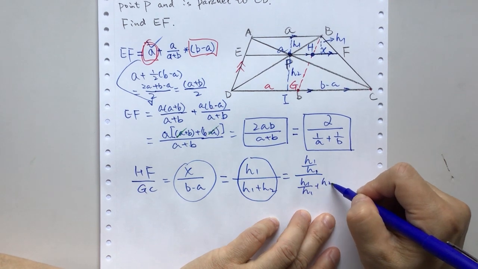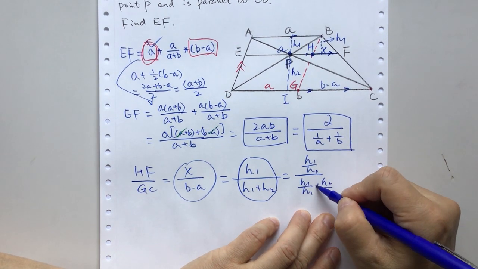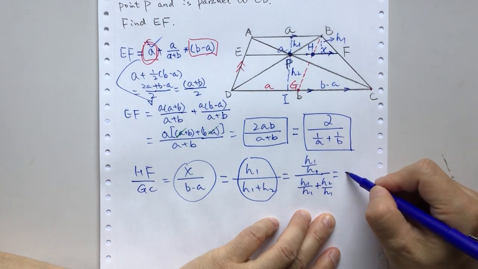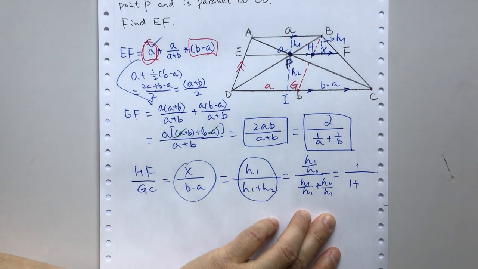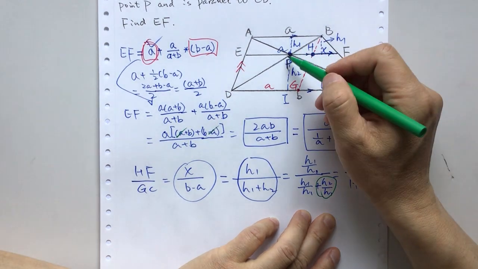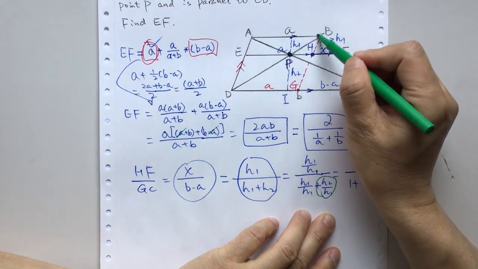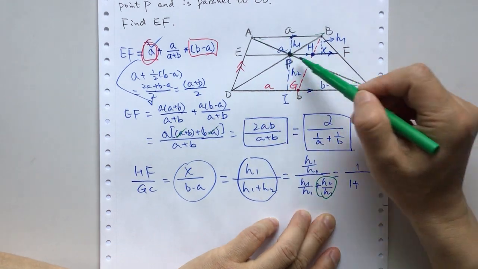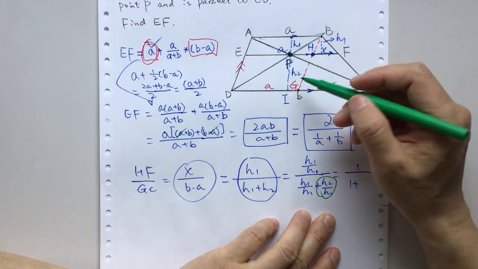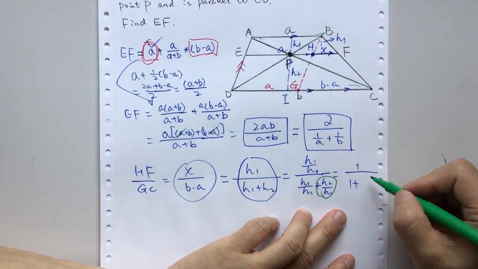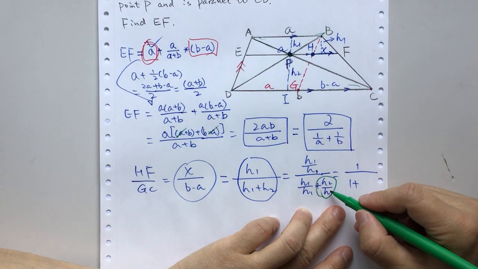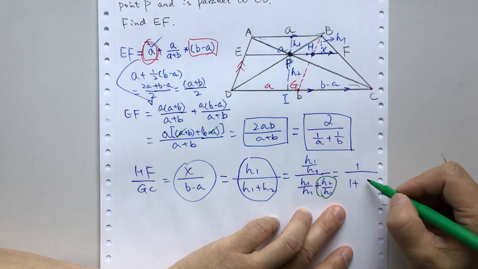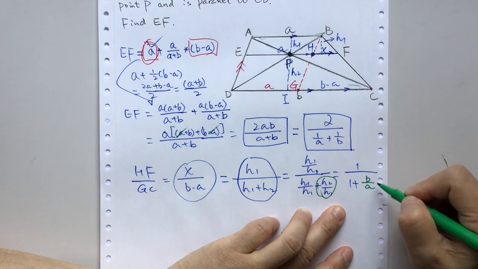This is 1 plus H2 over H1. These two triangles are similar, so H2 over H1 is the same thing as B over A.